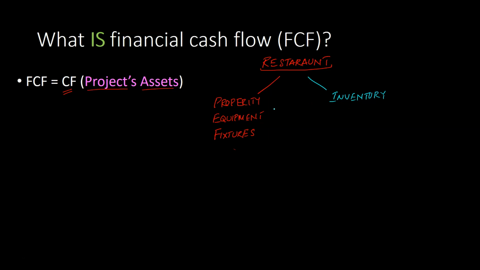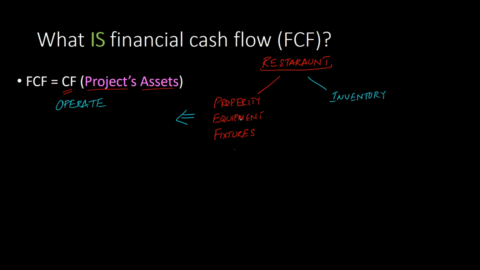But the main point is that your investment will be in two types of assets related to this restaurant: long-term assets and short-term assets. Now, what this investment in these assets is going to help you do is that it is going to help you operate the assets. In other words, now you are in a position to tell your chefs, hey, go.